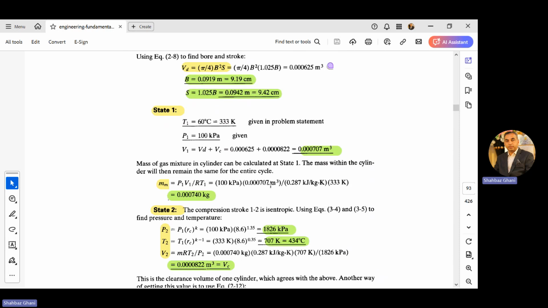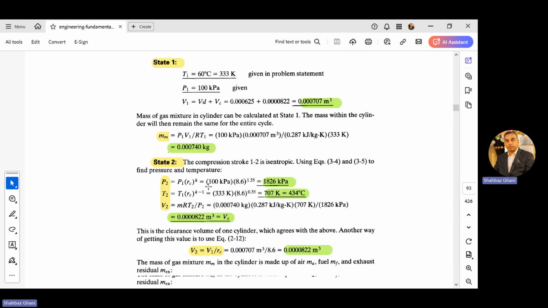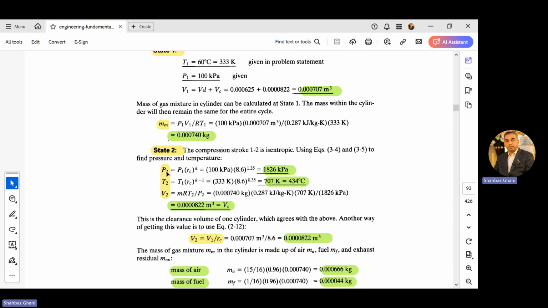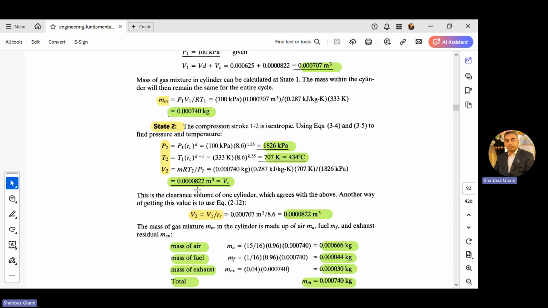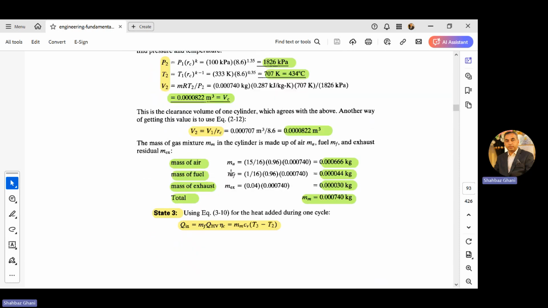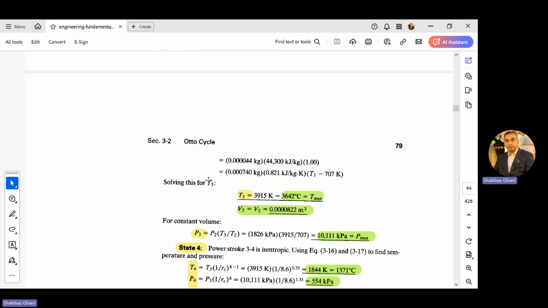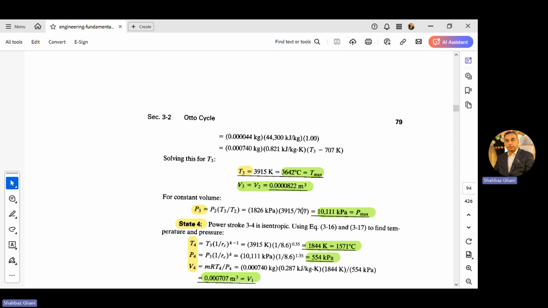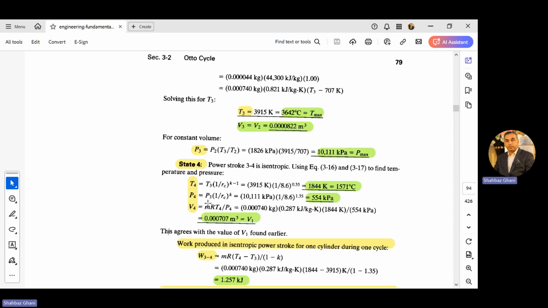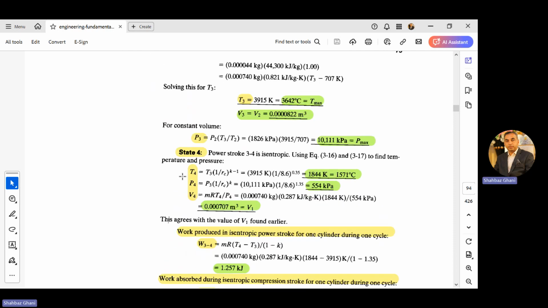Then the pressure, temperature, and volume at point 2. Then the mass of the air, mass of the fuel, and mass of the exhaust. Then at point 3, we calculated T3 max, V3, and P3. And at point 4, again, T4, P4, and V4.